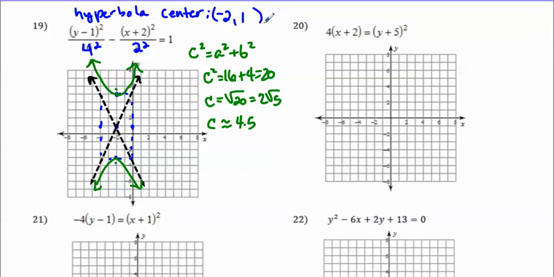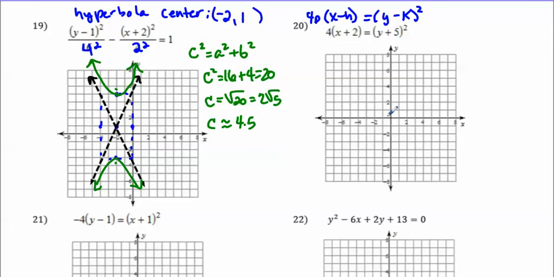Alright, the last ones all seem to be parabolas, and so you need to consider the equation of the parabola. This one has a y term that's squared, so you have y minus k squared equals 4p times x minus h.